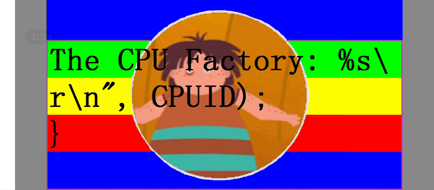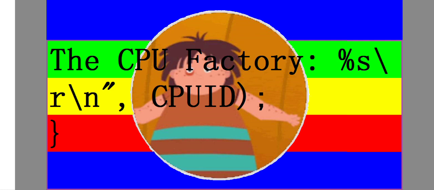The CPU factory colon space percent s backslash r backslash n quotation comma CPUID semicolon.